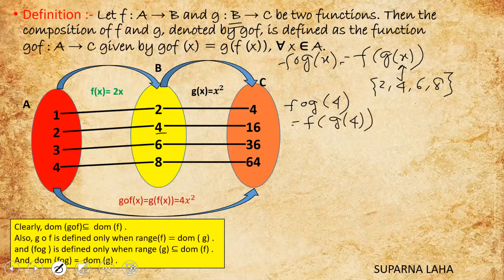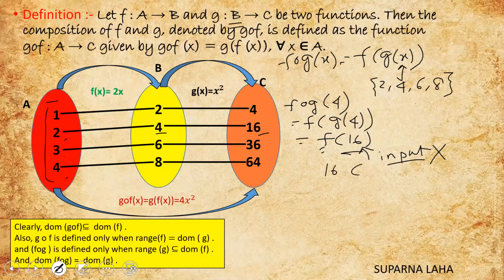What is g of 4? 16. Now f of 16. So for the function f, the input is 16, which is not possible since the input set A is 1, 2, 3, 4. Only 4 elements are there. 16 does not belong to the set A. That's why we can't find the value of f of 16. So f of g I can't define.